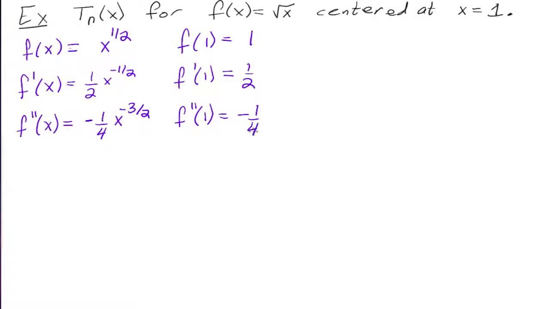Yes? Okay. The third derivative is equal to positive 3/8, right? Because we bring down the 3/2, so it's going to turn into positive 3/8 x to the negative 5/2. So the third derivative at 1 is equal to 3/8.